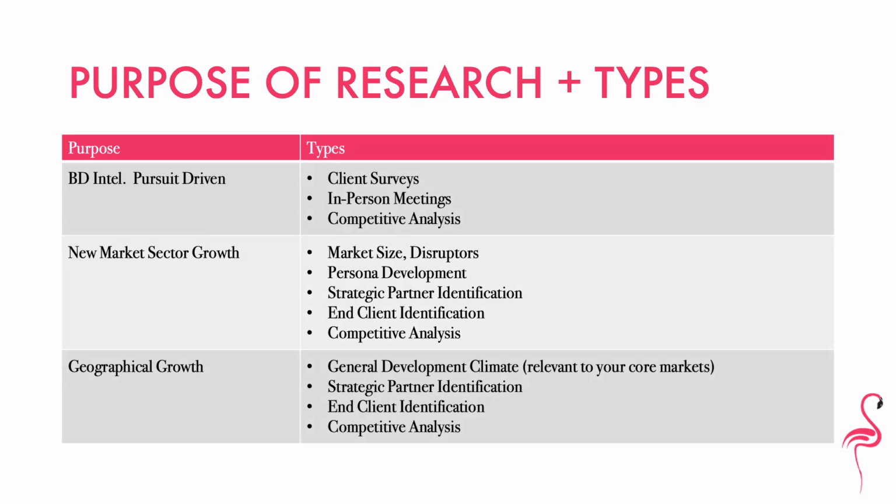One of the areas that I find regularly that firms don't look at when they're looking at new market sector growth is identifying the strategic partners that can help them get into that market, as well as doing that persona development. They say, oh, I want to go into hospitality, as an example. And if you're an interior architecture firm and you want to do hospitality with the big flags, you have to get approved with the big flags. That's a big barrier to entry.